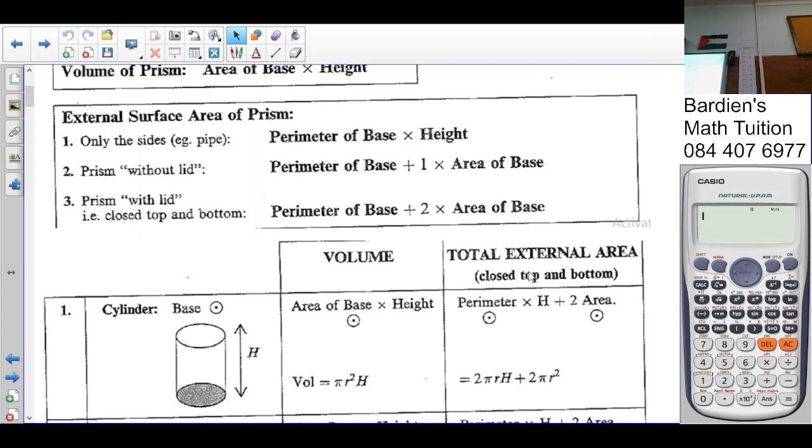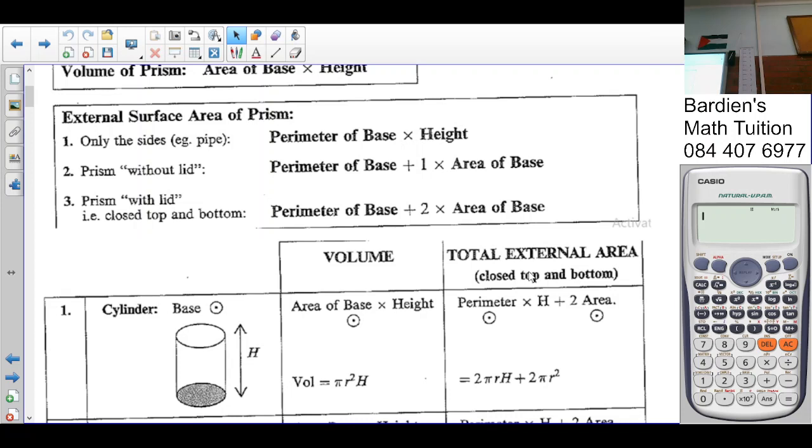Example, a pipe. We're looking at the total external surface area of the prism. A pipe would be a good example of that. Why? Because the top and the bottom are open. The perimeter of the base times the height gives you basically the area of the outside.